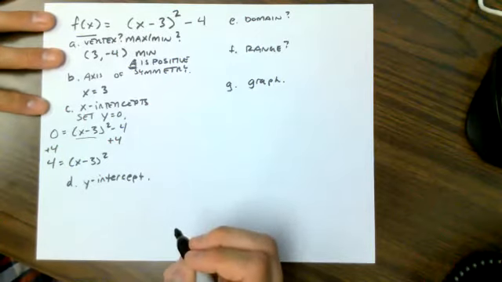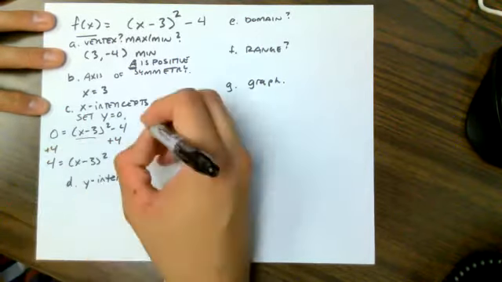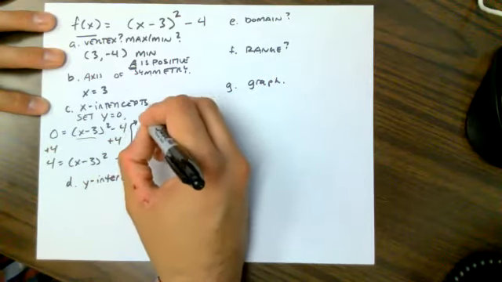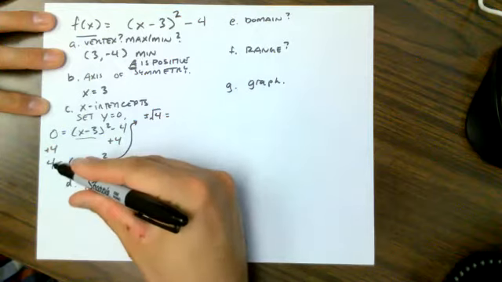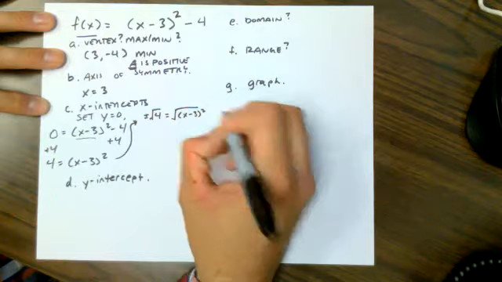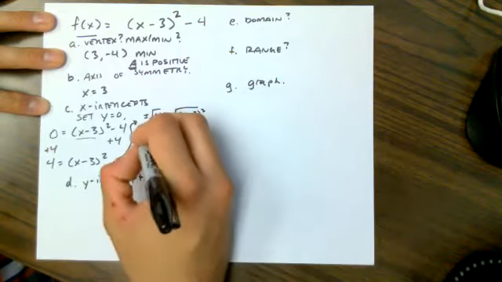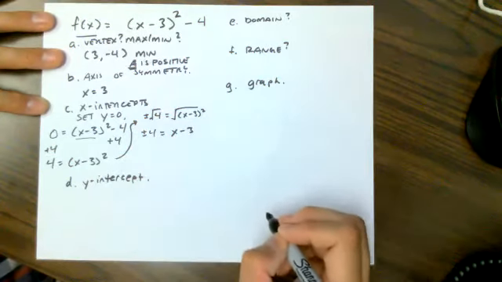At this point, I have to take the square root of both sides, and I have to attach a plus or minus to the constant. So I wind up with plus or minus 4 equals x minus 3.